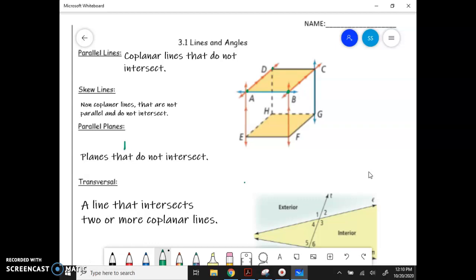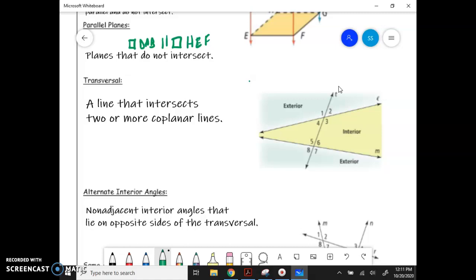So plane DAB, that's referring to this plane up top, is parallel to this plane on the bottom, and I'll label it with these 3 points here, parallel with plane HEF. Okay? Because if we can imagine these planes extending on forever, they would still never intersect.